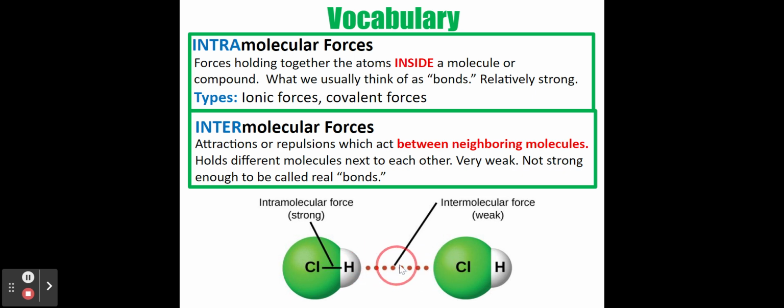Now, why is there this attractive force? In this case, we learned in my last video that this is a polar molecule. Why is it a polar molecule? Well, because you have two different atoms, chlorine and hydrogen, bonded together, and they're sharing electrons. Chlorine is a higher electronegative atom, so it's going to be pulling on those electrons in the bond more. This is like the polar bear and the penguin example.